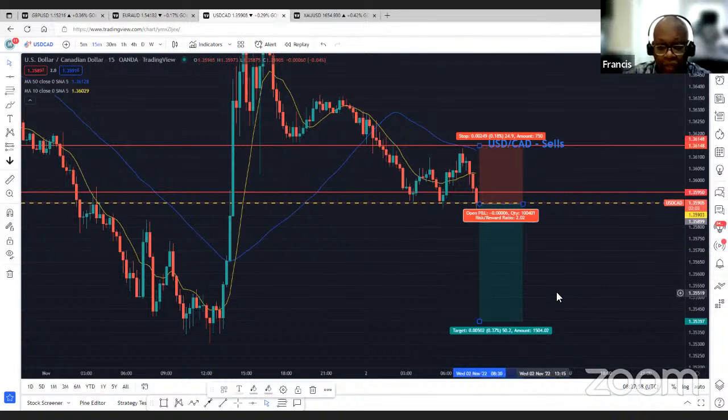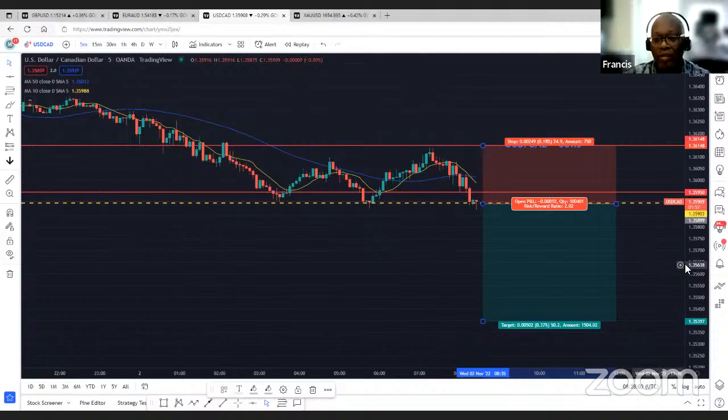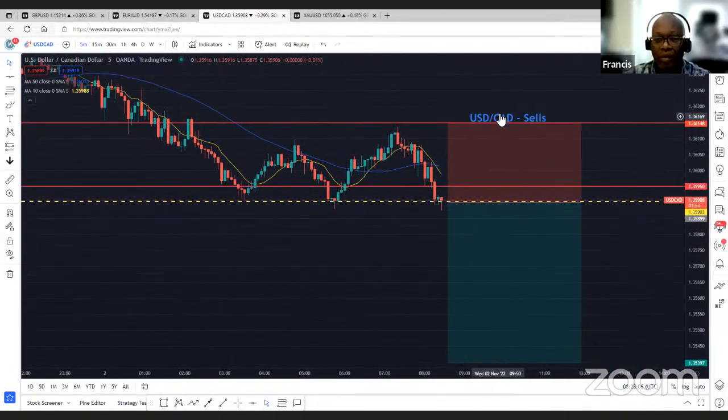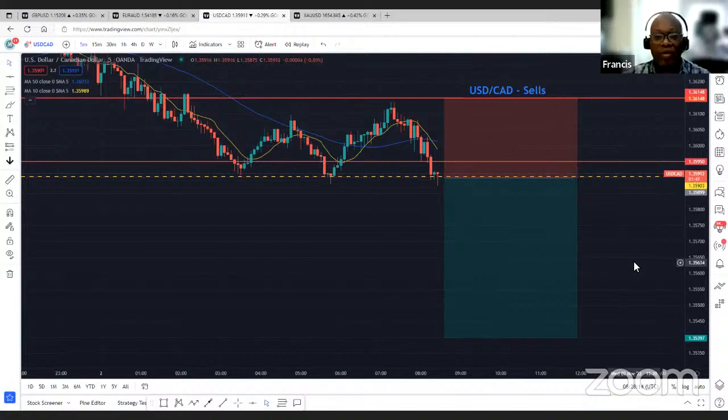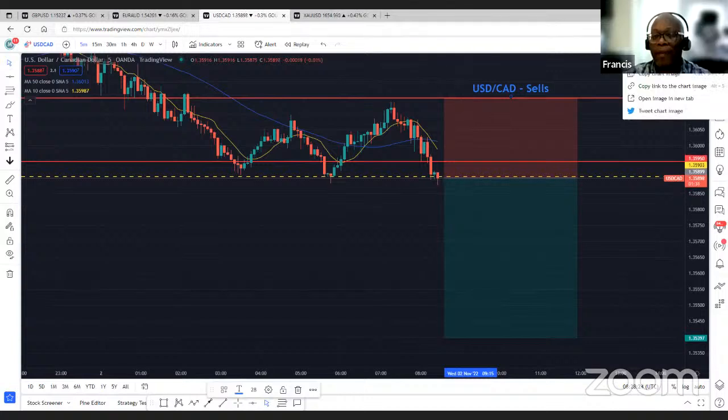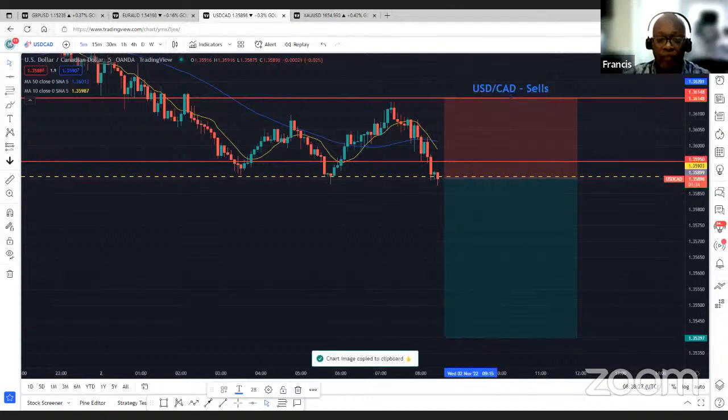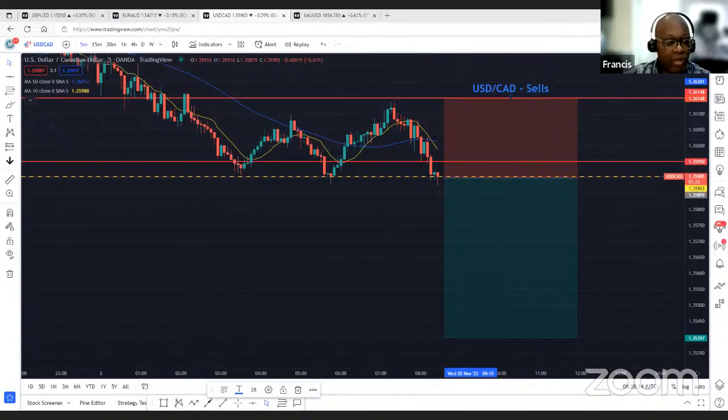Okay, so we see there it's a good risk reward of 1 to 2 at least. We'll be going to check out gold as well. Gold looked like it was going to also drop.